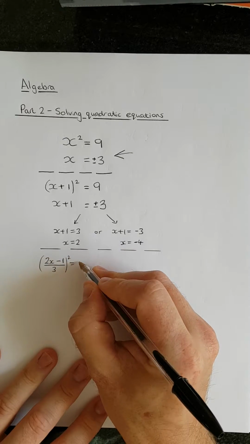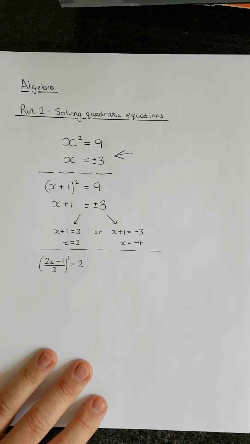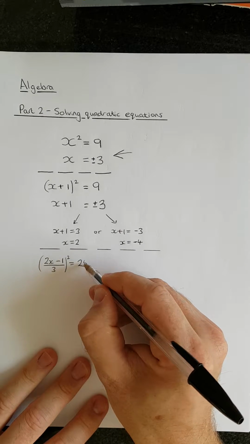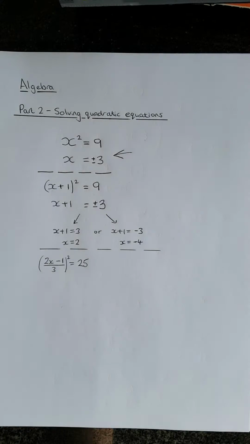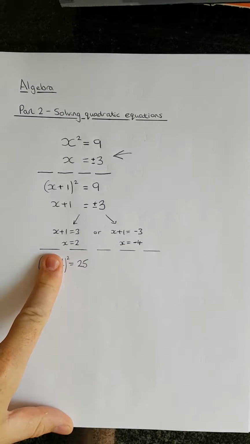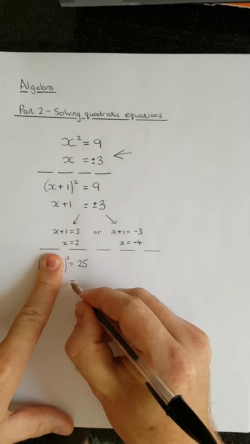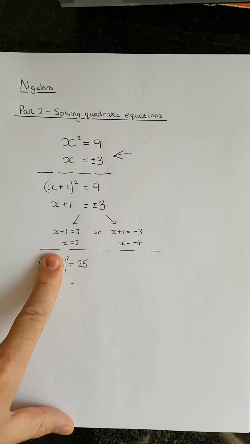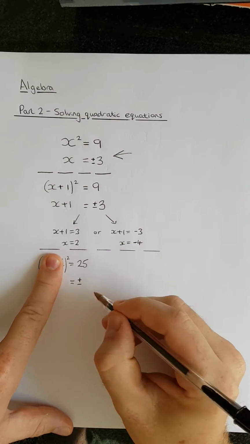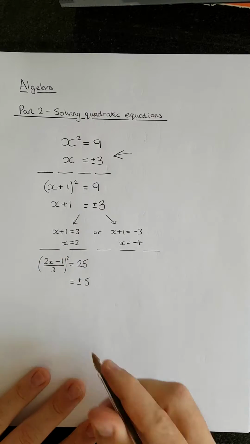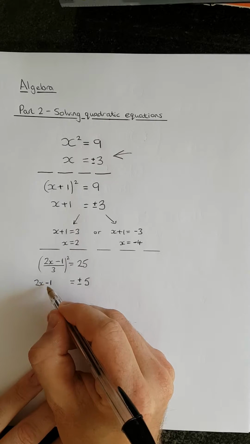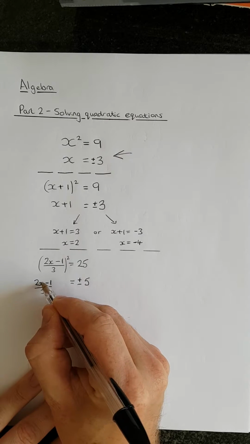Let's take this one. Well, look how tricky that is. It's got fractions, it's got extra terms. Hang on a second. Something squared equals 25. So that's plus or minus 5. Okay, so 2x minus 1 over 3 equals 5.